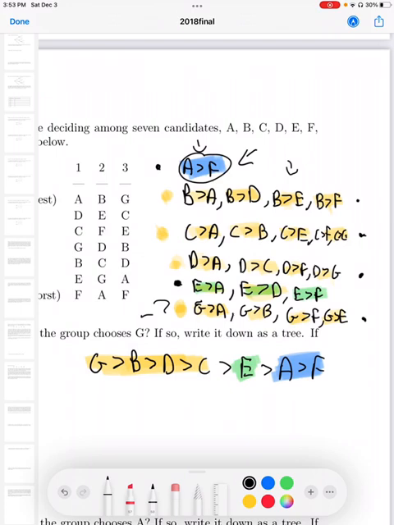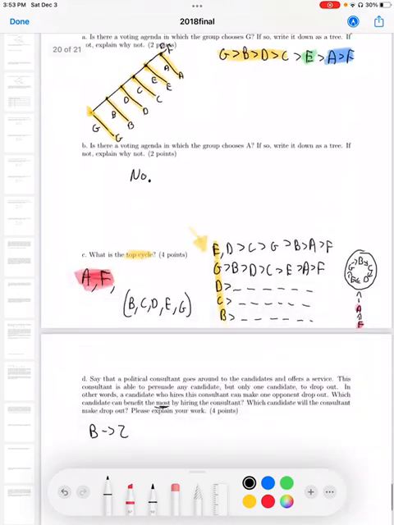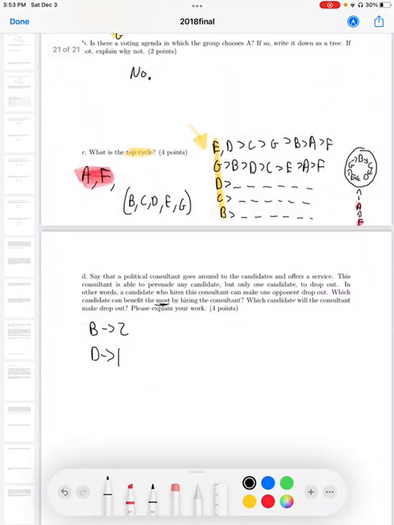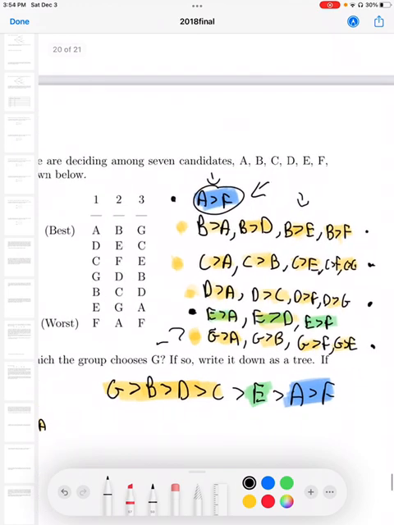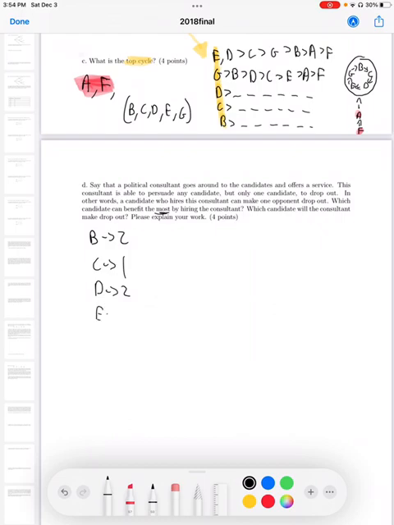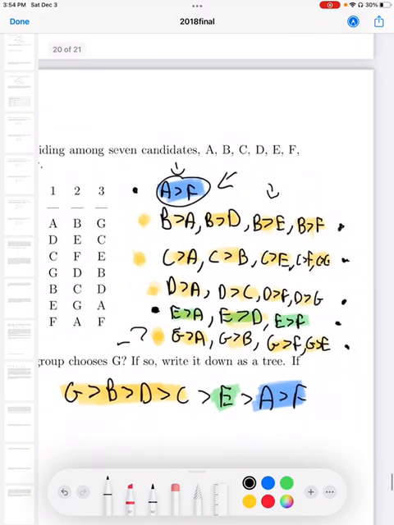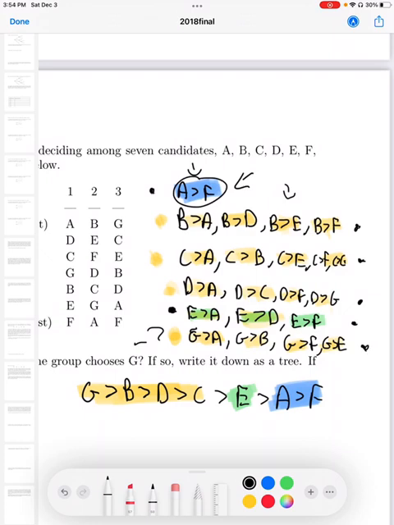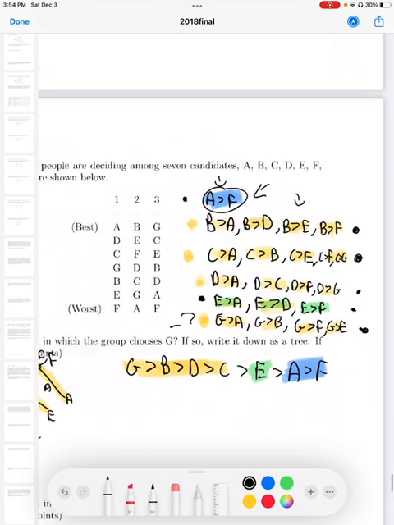D gets dominated by 2 people, and E gets dominated by 3 people.